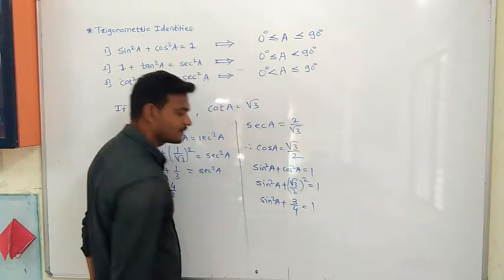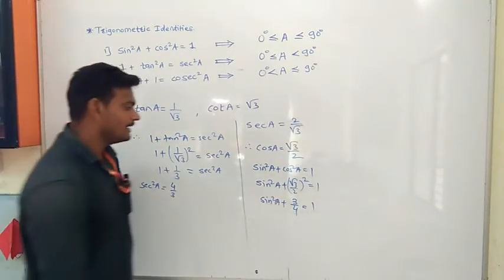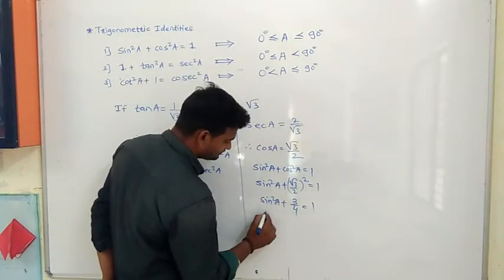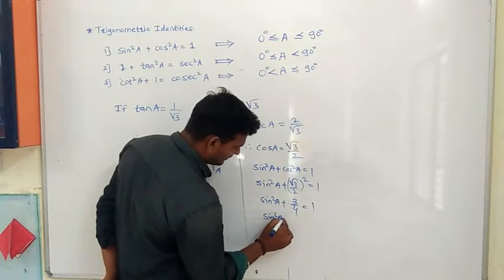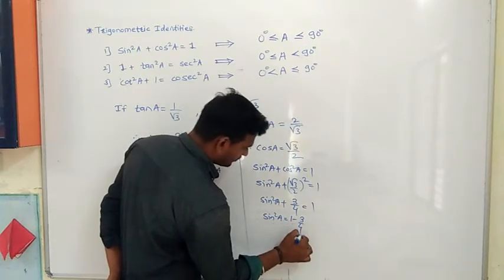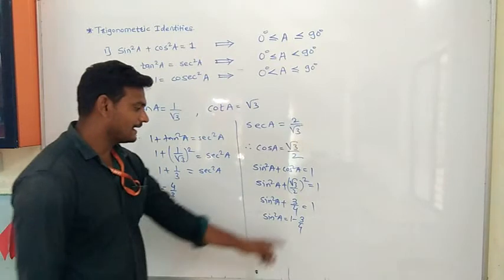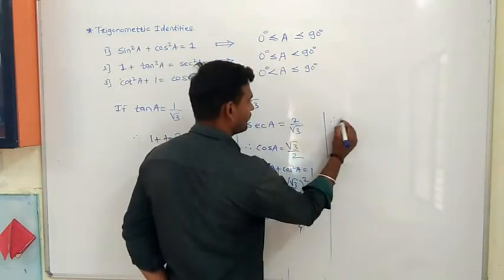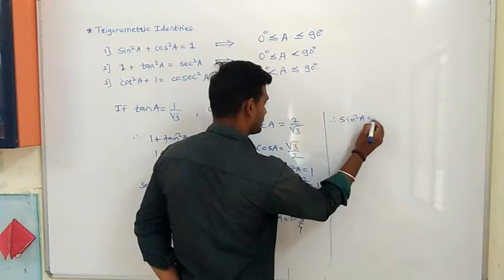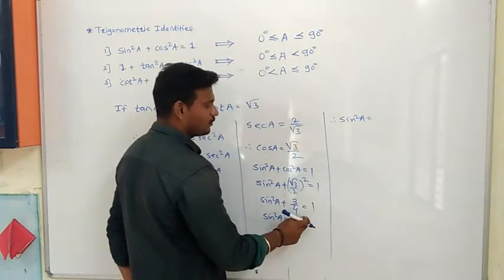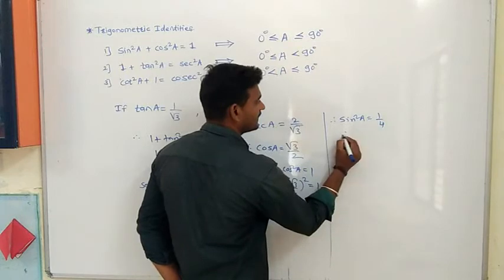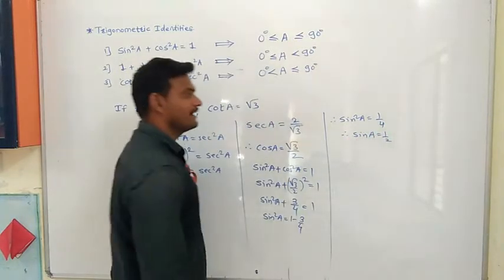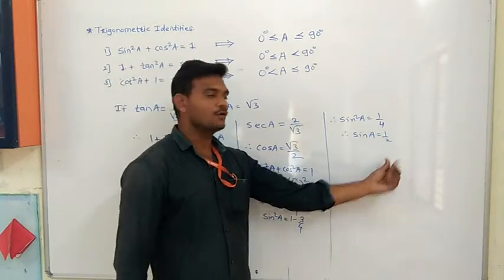Now send this 3 by 4 towards the right hand side. Sine square A is equal to 1 minus 3 by 4, which is 4 minus 3 by 4, that is 1 by 4. After taking square root, sine of A is equal to 1 by 2.